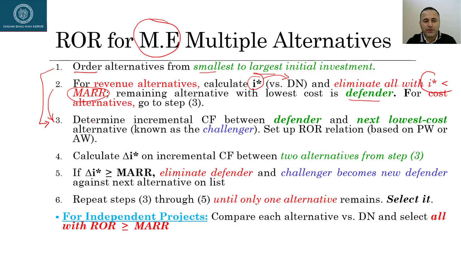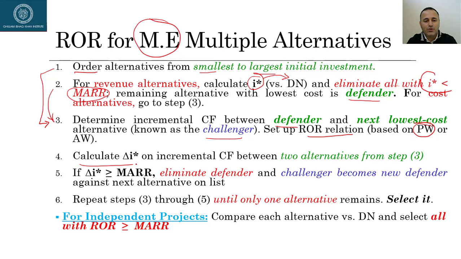So what is step number 3? Determine incremental cash flows. We will determine the incremental cash flows between the defender and the next lowest cost alternative, the challenger. Set up the ROR relation. We can use either PW or AW for that.